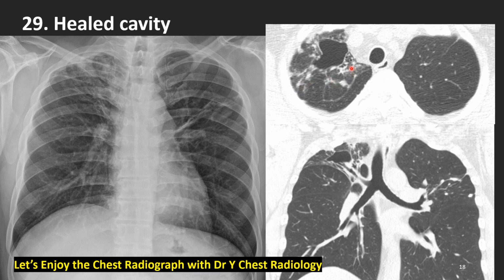This is a healed cavity of stable disease. This is a coronal image. Traction bronchiectasis with deformity, but thin-walled cavities here, without findings of active disease. This is what we sometimes meet and call a healed cavity. So it is a relatively stable finding.